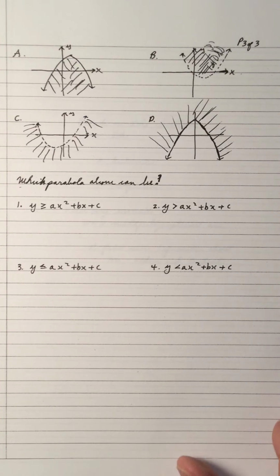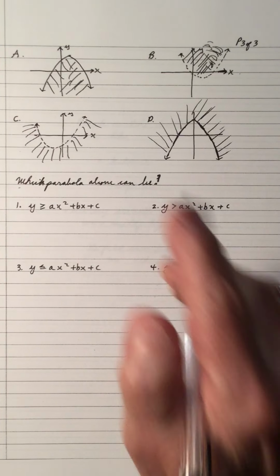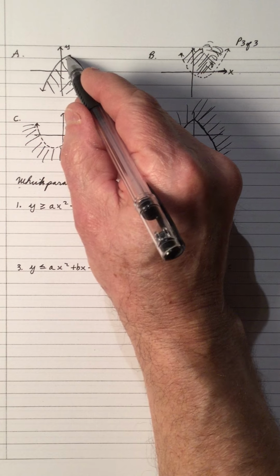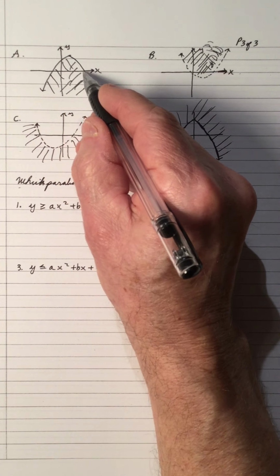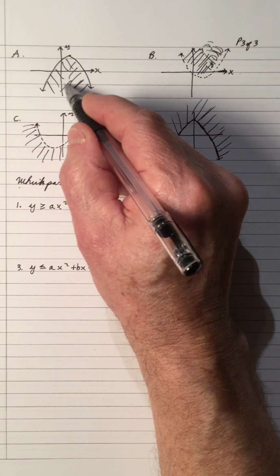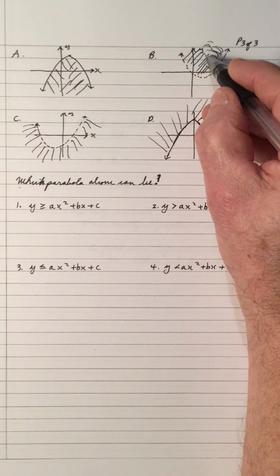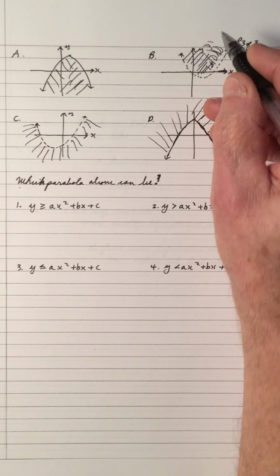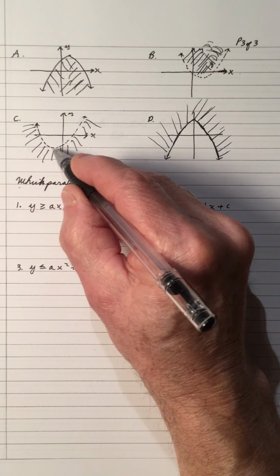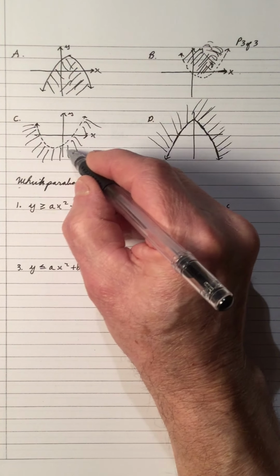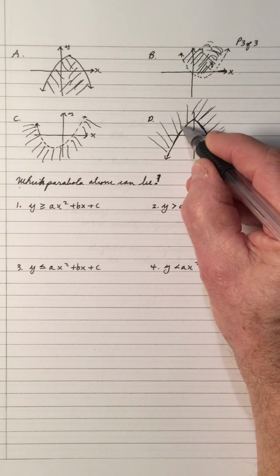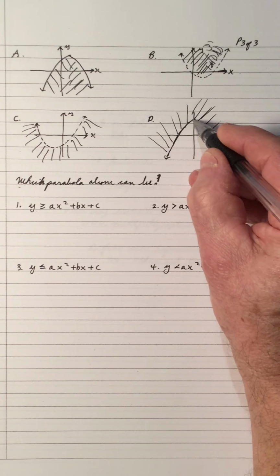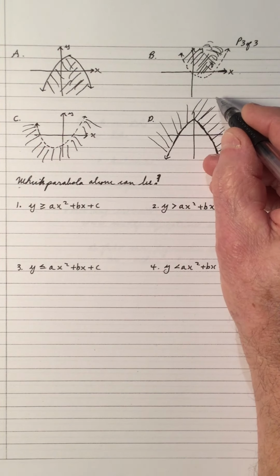And another question. Notice in A the boundary line is solid and you're shading below. This boundary line is broken and you're shading above. This boundary line is broken, but you're shading below. This boundary line is solid and you're shading above.